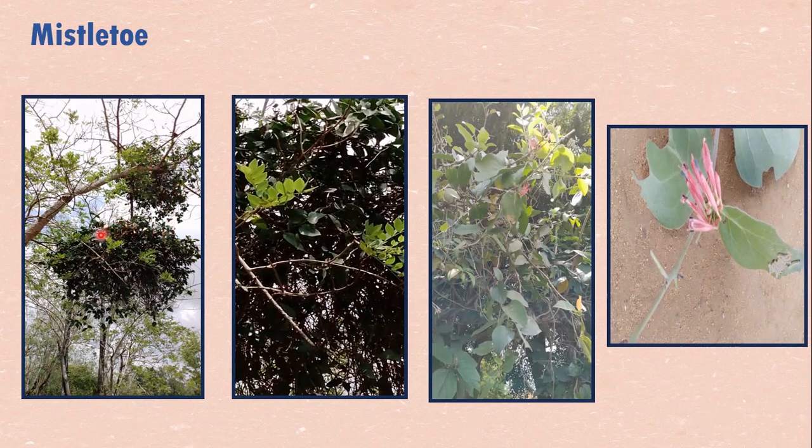All the dark bits there are the mistletoe growing on the host. So this is the host. This dark green is the mistletoe, the parasite. This is the host, some of the host leaves. This mistletoe can grow so thick and big, just absorbing water and mineral salts from the host.